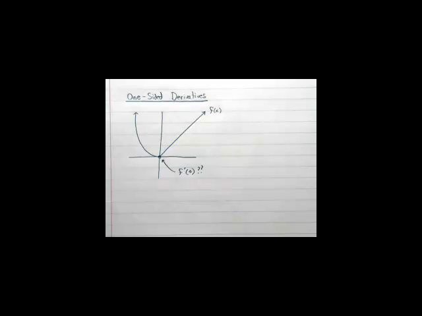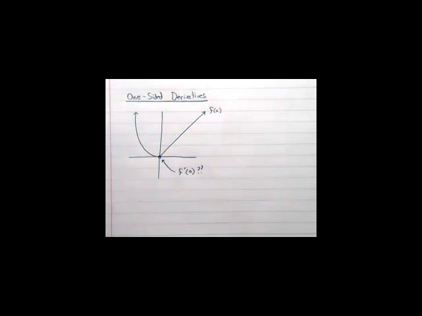As I'm coming at it this way, what does it appear the slope needs to be? 0. But as soon as I get there, this line now, the slope of this line is certainly not 0, right? The slope of this line looks to be, I don't know, like 1 or 2 or something like that. Okay? So at this point, it has no derivative.